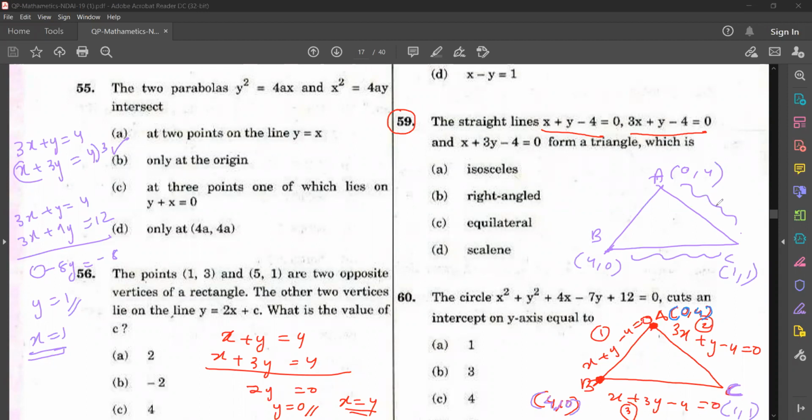You just apply the distance formula and you'll get the same values. Or if you see it, the points 0 comma 4 and 4 comma 0 are equidistant from 1 comma 1. So AC equal to BC. If two sides are equal, this is an isosceles triangle.